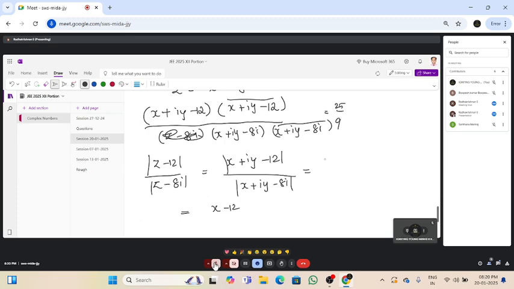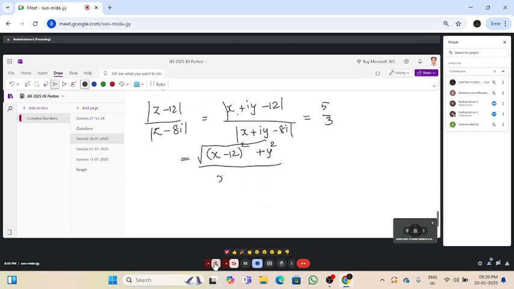This is equal to 5 by 3. Square root of (X minus 12) whole square plus Y square, root of the real part and imaginary part squared. This way you take. And here it is X square plus i into (Y minus 8), so Y minus 8 is the imaginary part.